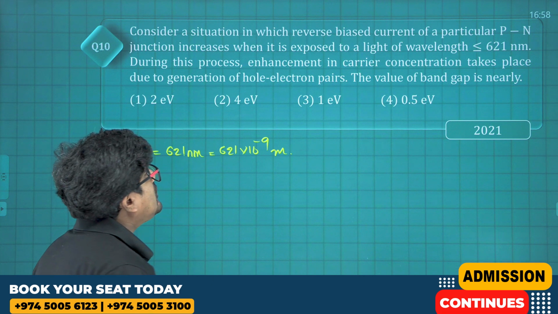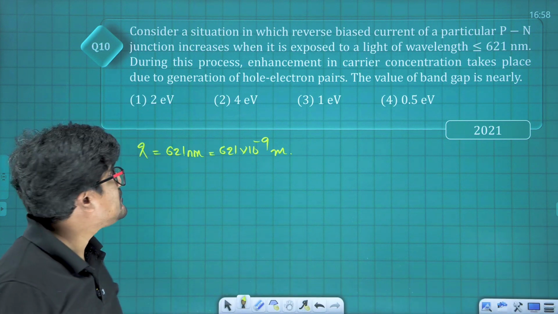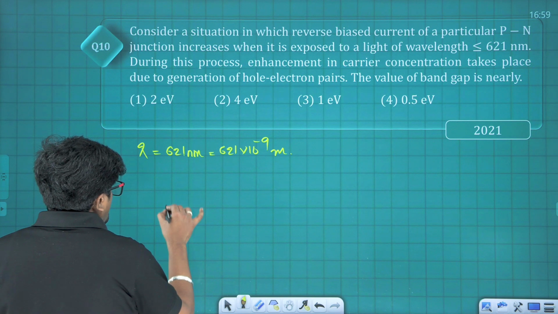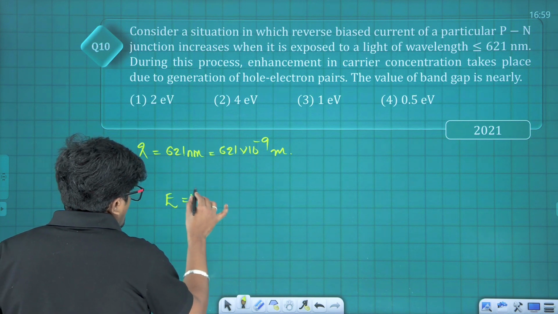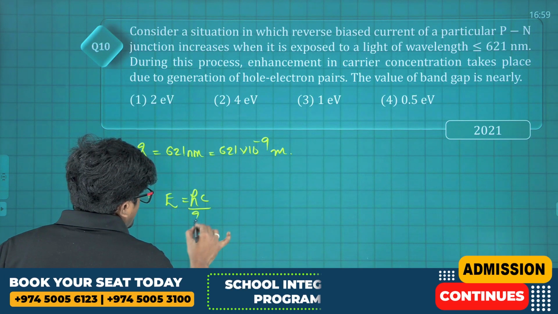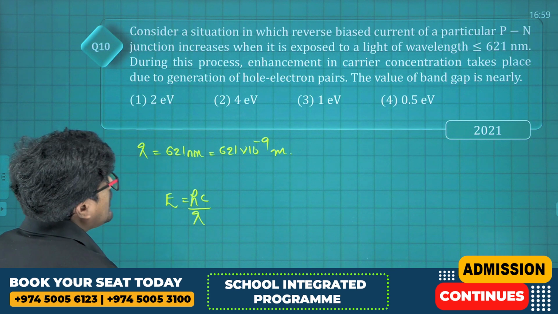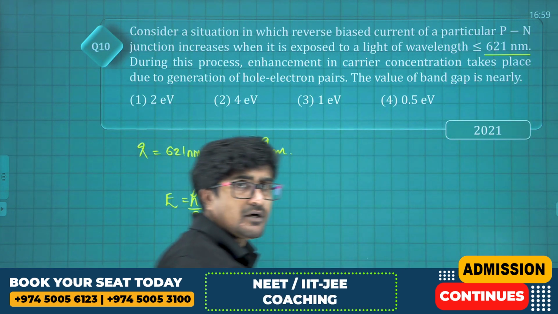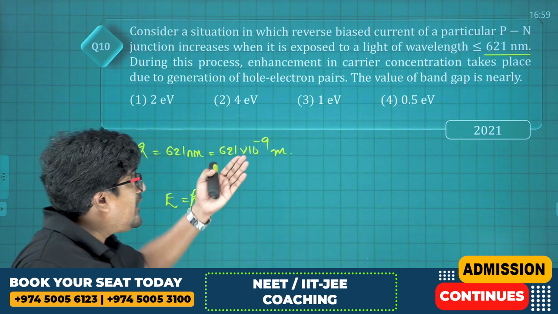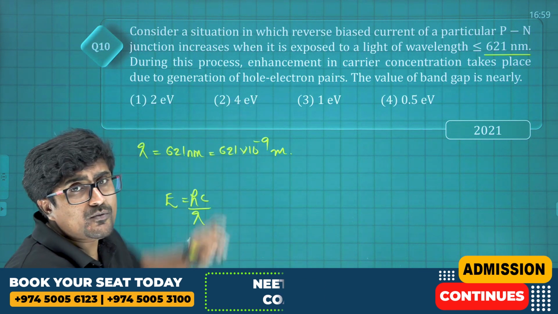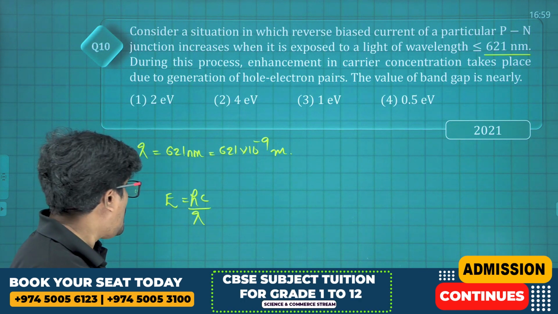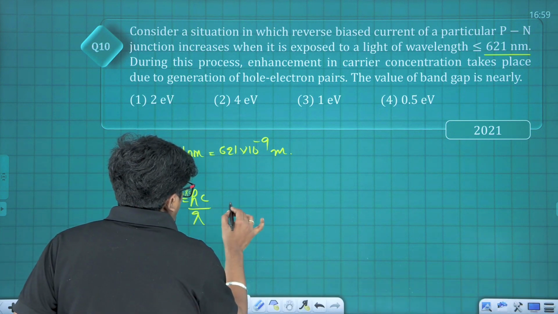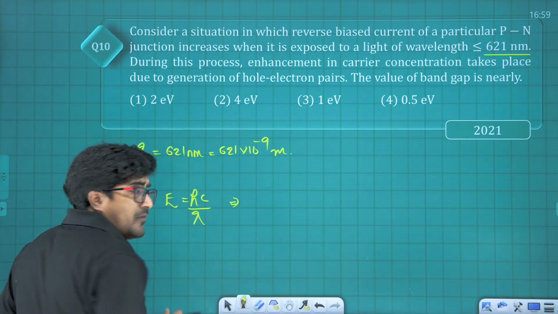Then the value of the band gap is the question. We all know that E is equal to hc by lambda. Here lambda is given as 621. So in that condition, the energy value is what we need to find out.